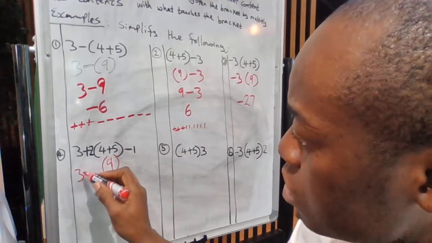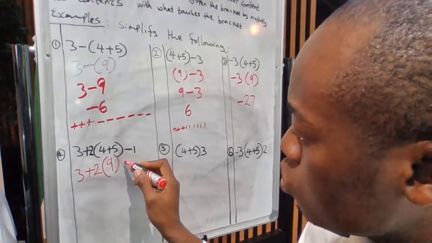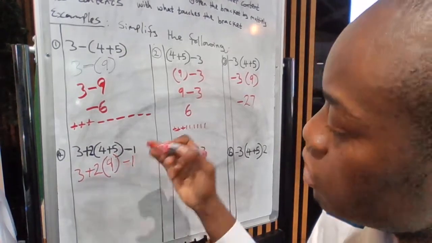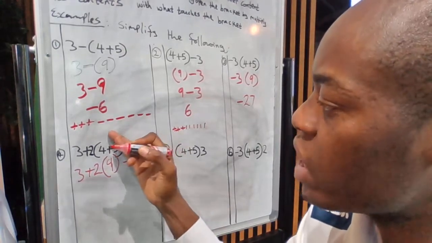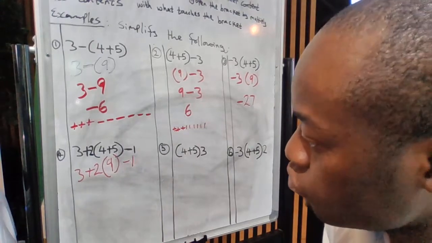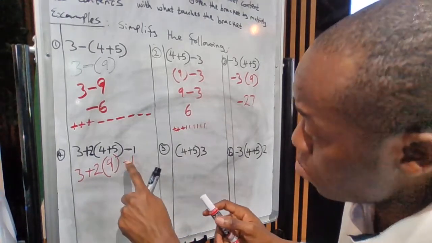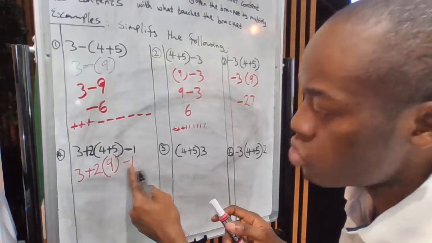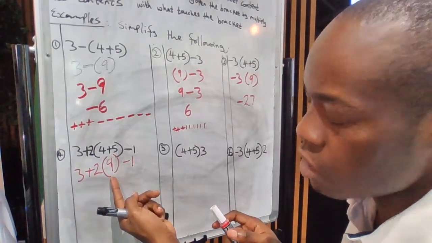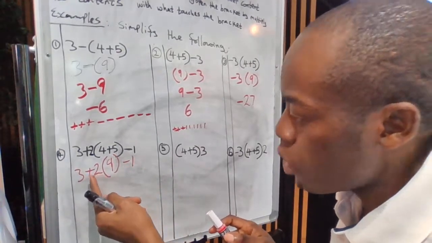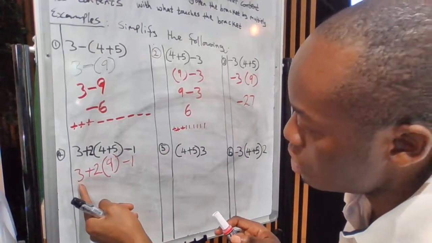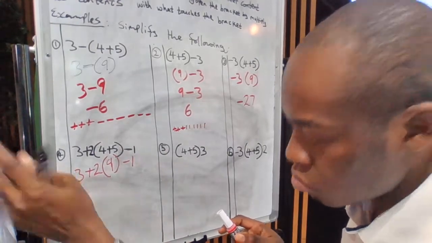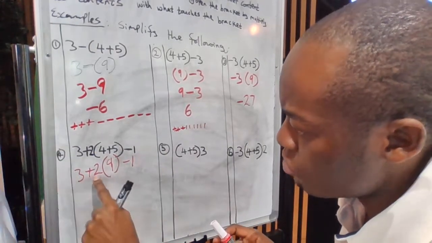Then we have 3 plus 2 minus 1. Now the question is, what are we going to use to open the brackets? The minus belongs to this 1, not to this bracket. The plus belongs to this 2, not to this 3. This 3 has its own. That is not our problem for now.